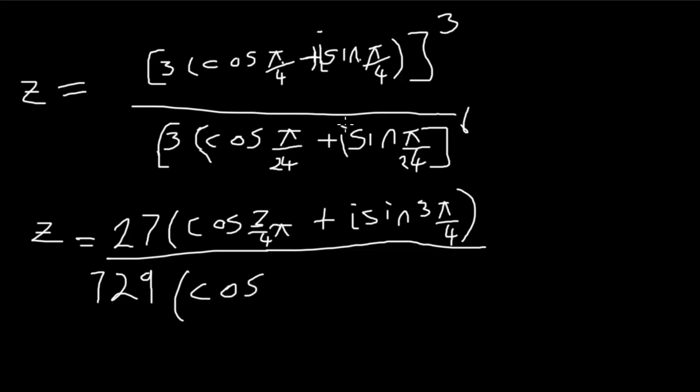This is going to be 6 times pi over 24, you get pi over 4, and then plus i sine pi over 4.